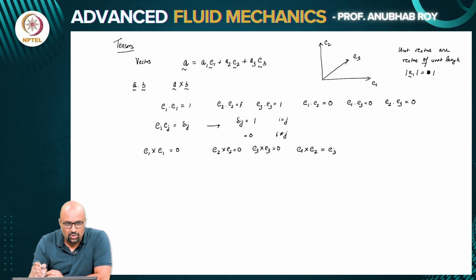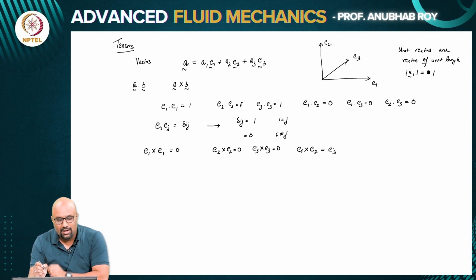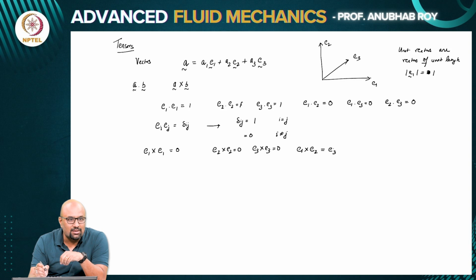And something which you can just keep a little bit of a note now, we will revisit this towards the end of this section, is when I write E1 cross E2 as E3, I am implicitly making an assumption regarding the handedness. So I am actually saying that E1 cross E2 is E3 with a plus sign, not minus E3, which means I am choosing a certain handedness regarding the coordinate system. So we will revisit this almost towards the end of this particular section, but a point to just keep in mind.